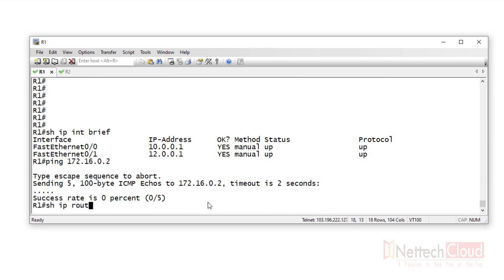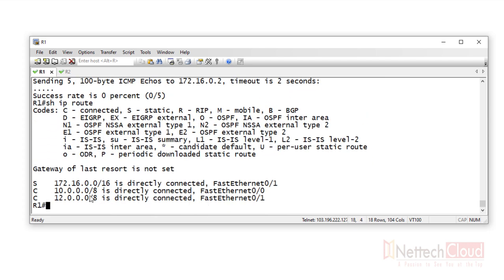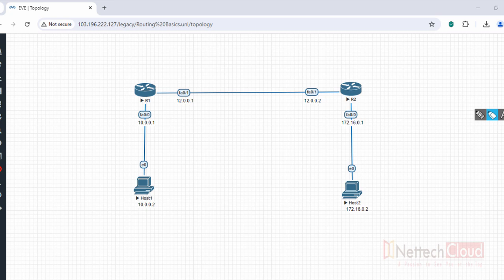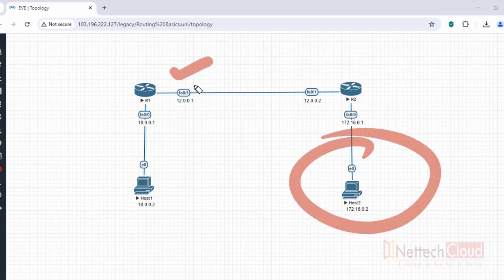What about the routing table? So it has a route here for 172.16.0.2 and the exit interface is F0/1. So if you look at the topology here, in order to reach the 172 network, the exit interface should be F0/1. Looks good, right?